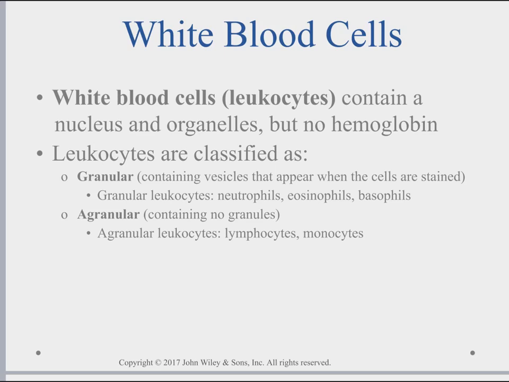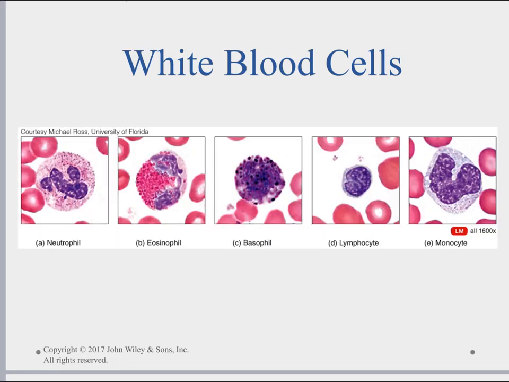So, granular leukocytes contain vesicles that appear when the cells are stained. Our granular leukocytes include our basophils, our eosinophils, and our neutrophils. Our agranular contain no granules. These are agranular leukocytes, which include our lymphocytes and our monocytes.